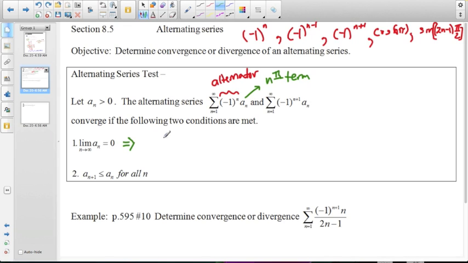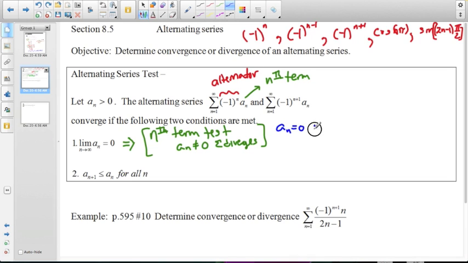If you remember back to section 2, the nth term test said that if a sub n does not equal 0, the series diverges. So basically, when a sub n equals 0, the nth term test fails.